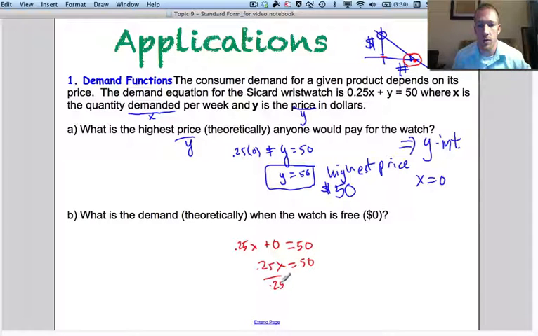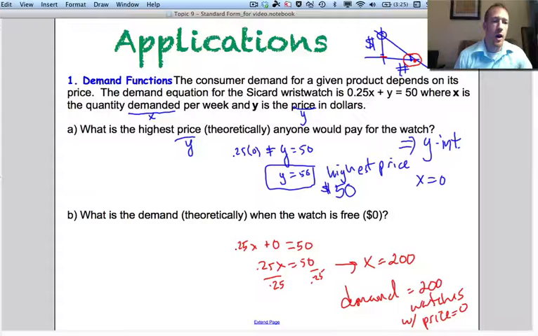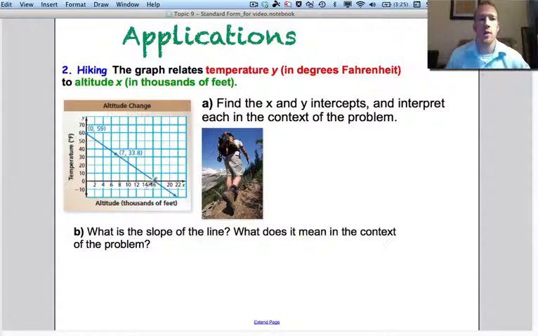Divide both sides by 0.25, and we get x equals 200. So hypothetically, if the price was 0, then 200 people would want the watch, or the demand would be for 200 watches.